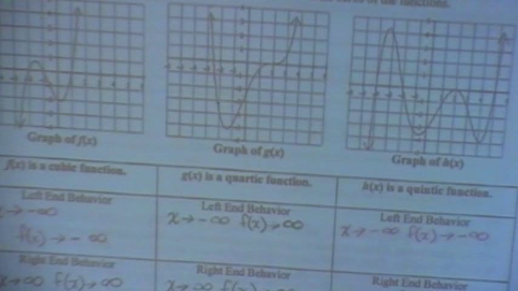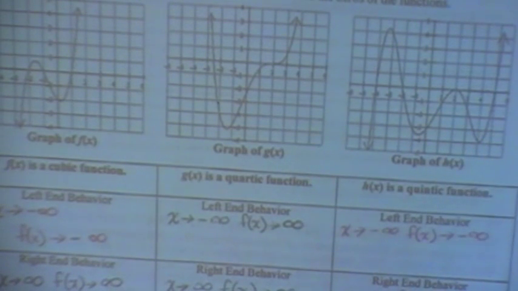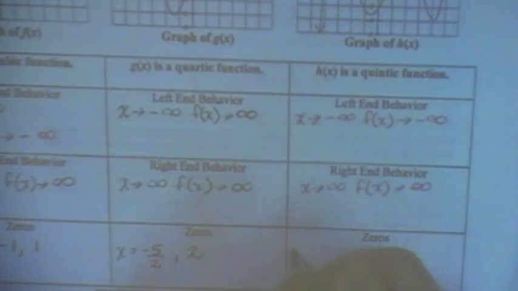Anything that has an even degree is always going to have 2 up or 2 down, depending on what your leading coefficient is. So quintic, see it's got 1 down, 1 up. Cubic's got 1 down, 1 up. If it was to the 7th degree, it would have 1 down, 1 up. So just a reminder. Okay, so my zeros, looks like x equals -4, -2, 2, and 5.